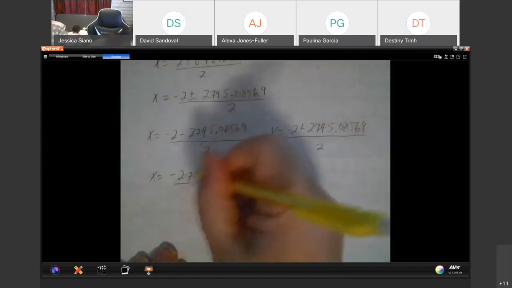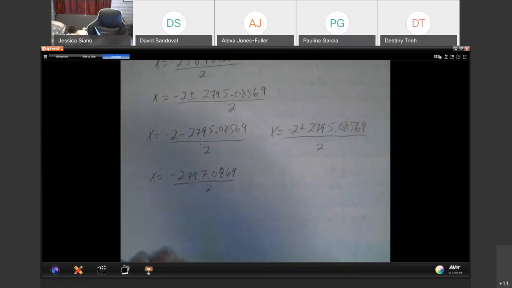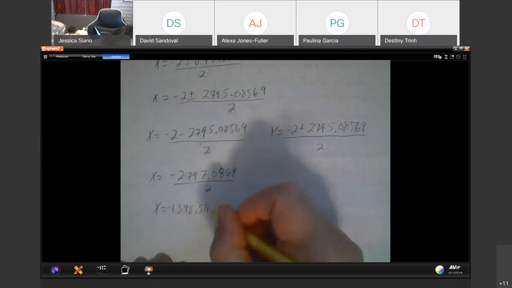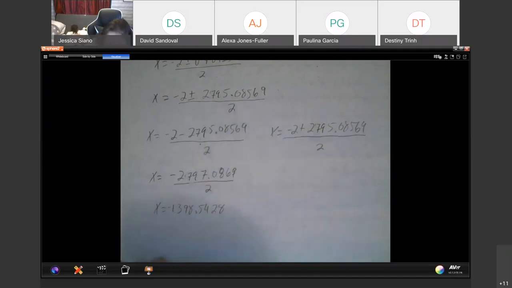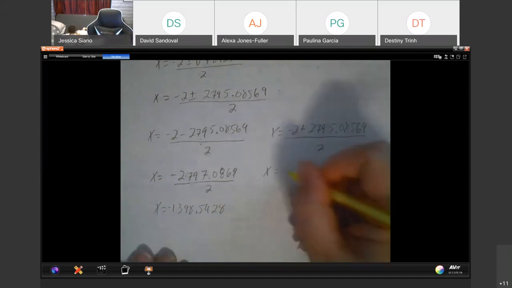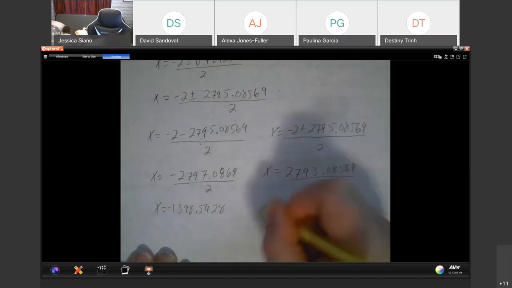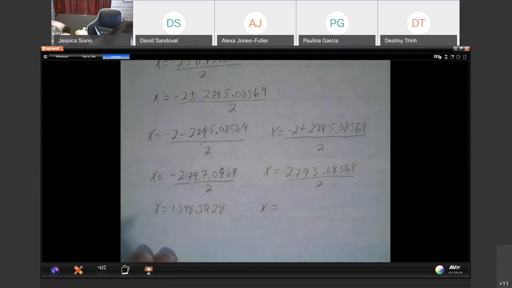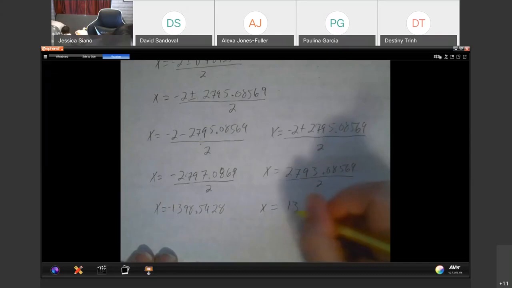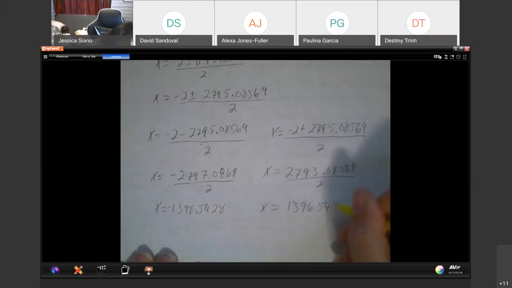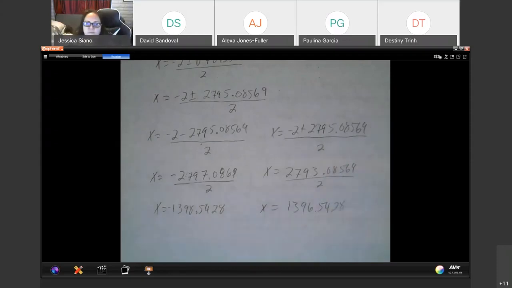Inverted them again. Divided by 2. Ugh. Oh, it was annoying.